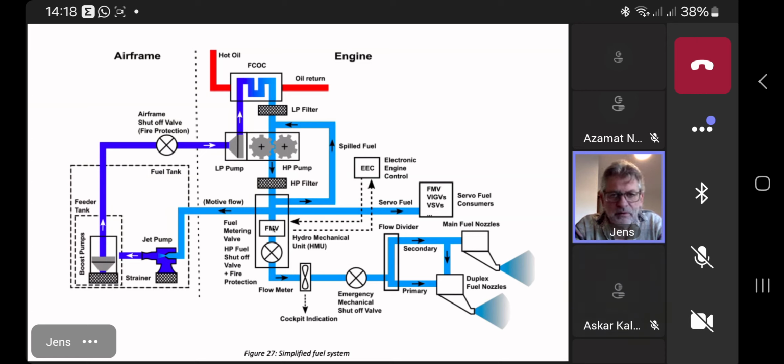We need our nerves, that give a signal to our muscles. So my brain says, move your right arm. The EEC says, okay, fuel metering valve, please open or close or move a little bit. That will be done with electrical harnesses, connections.